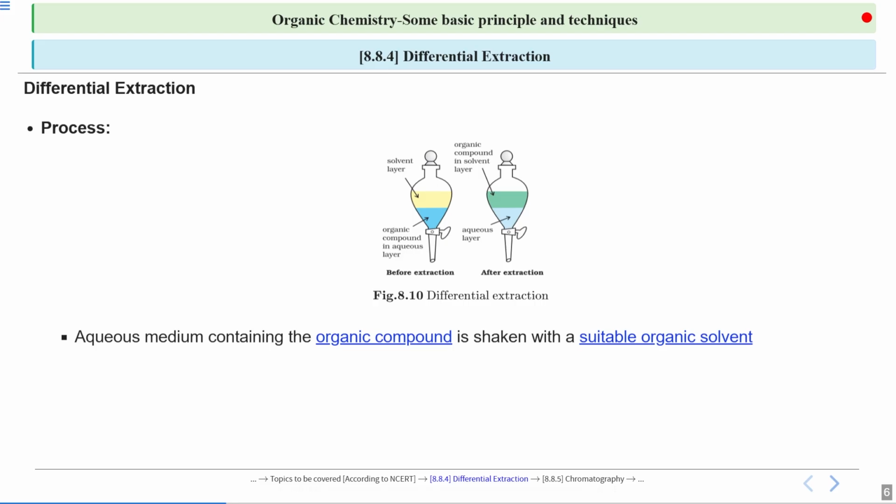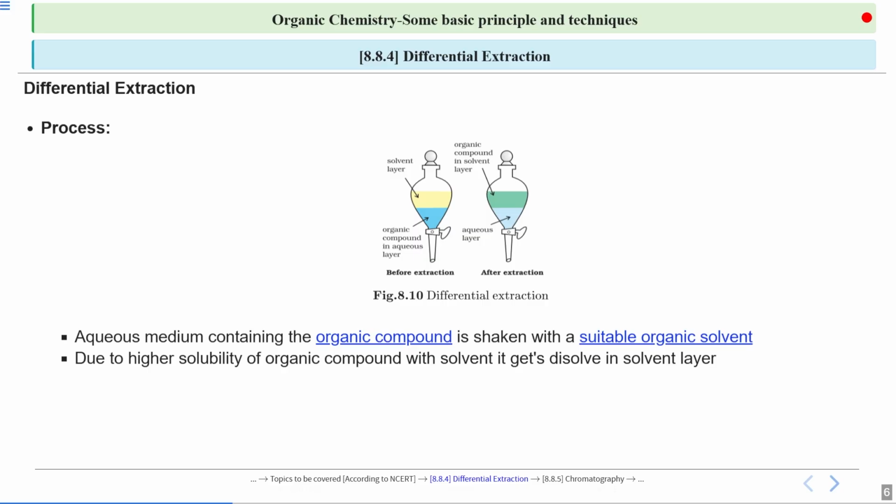You take the aqueous medium containing the organic compound and shake it with a suitable organic solvent. We have already seen the requirements for the solvent. You can see in the diagram that our organic compound is present in the aqueous form, dissolved in water, and on top of that there is another layer of the solvent. You keep both of them and then you shake the bottle.